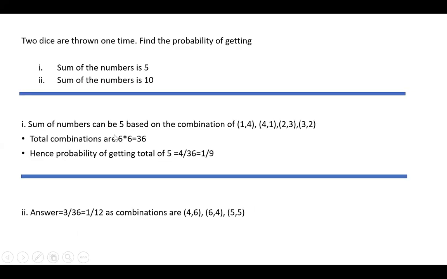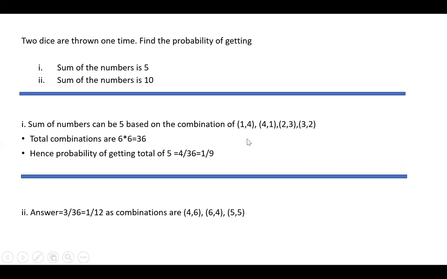Two dice are thrown one time. Find the probability of getting the sum of the numbers as 5. There are two dice. One throws up 1, the other one throws up 4, then you get 5. First one throws 4 and another one is 1, it is also 5. It can be 2 and 3 or 3 and 2.